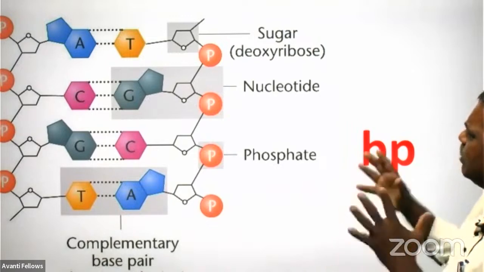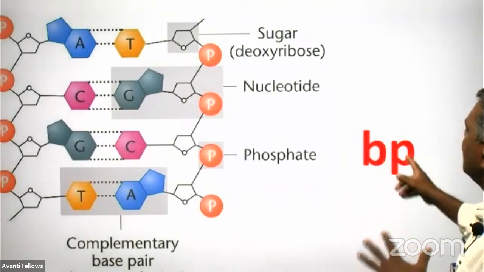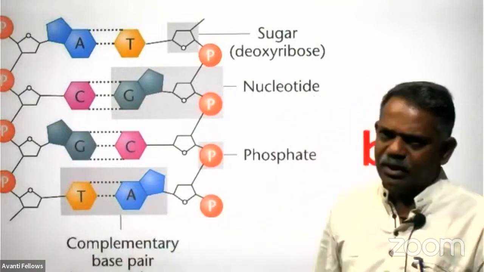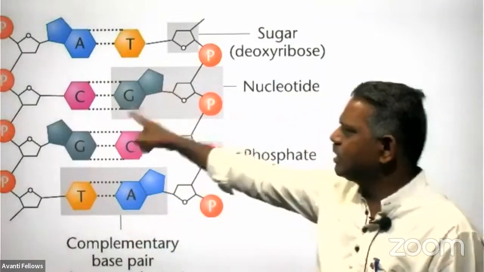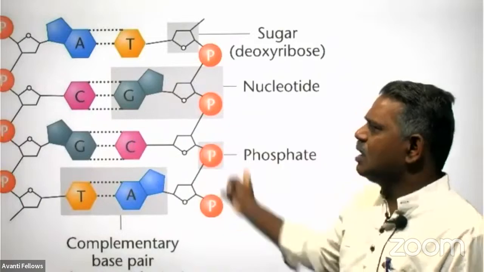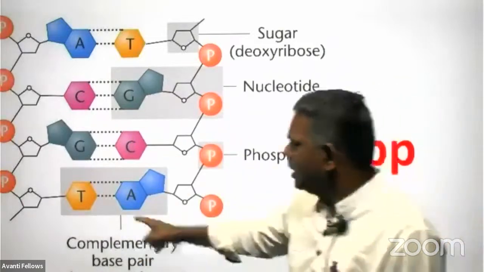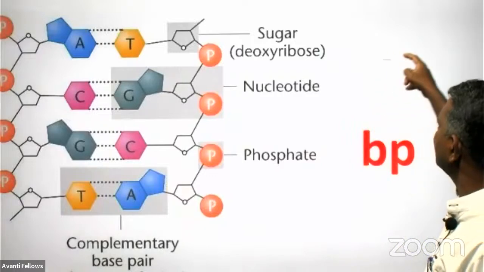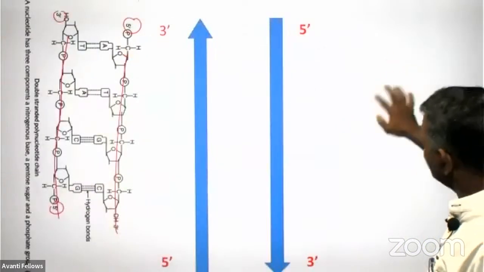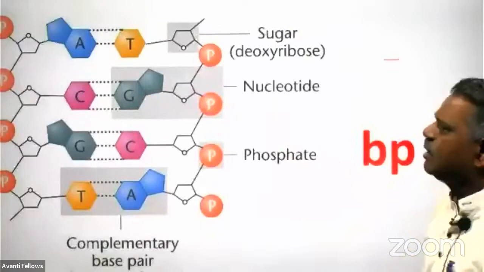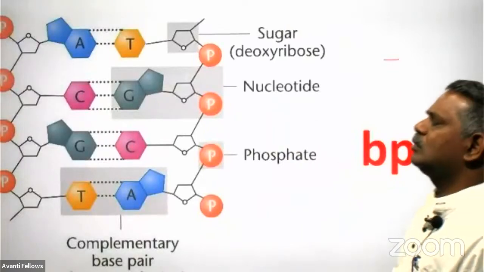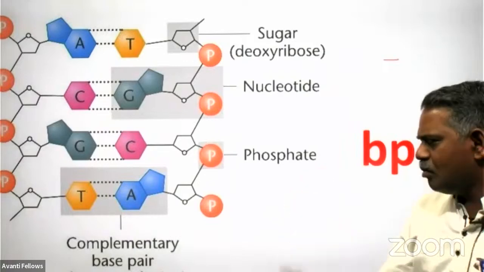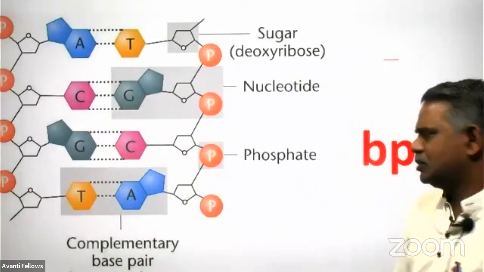Such a type of pair we call a base pair, and these are complementary base pairs. I told you these two strands are complementary to each other, and these are the complementary pairs. Thymine is always with adenine only, with two hydrogen bonds, and guanine is always connected to cytosine with three hydrogen bonds.